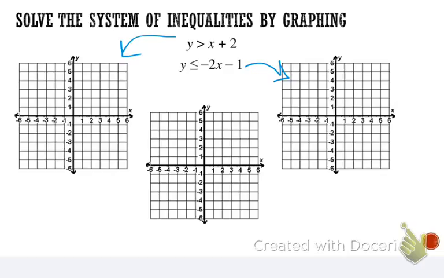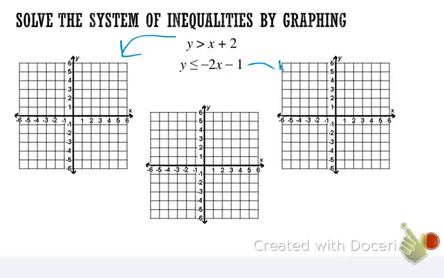Then I'm going to graph both of them on the same graph, and that's what you'll be doing today. You're going to be graphing two inequalities on the same graph, but before we do that, I want to practice how to graph them separately first, so you understand what's going to happen when I graph them both on the same coordinate plane.